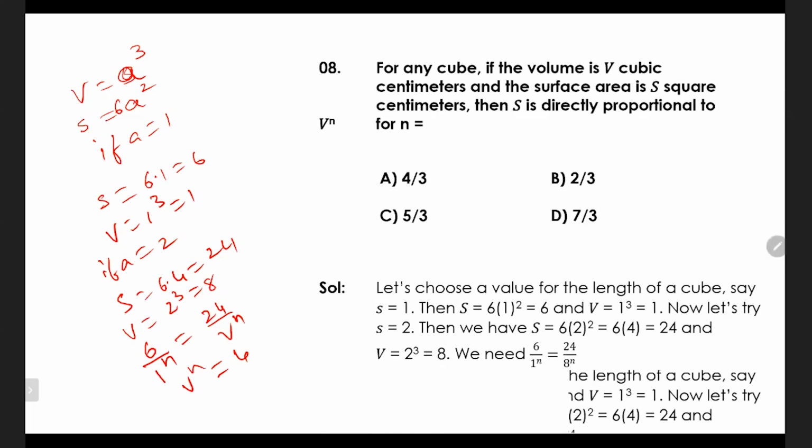What is the volume we got? 8, sorry. Volume is 8 to the power of n. So 8 to the power of n equal to 4 we got. So now let us take 2 to the power of 3n equal to 2 to the power of 2. So 3n equal to 2. So n equal to 2 over 3. So option B.